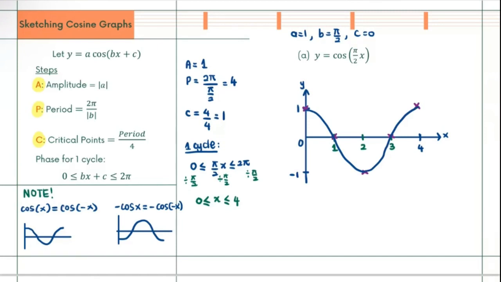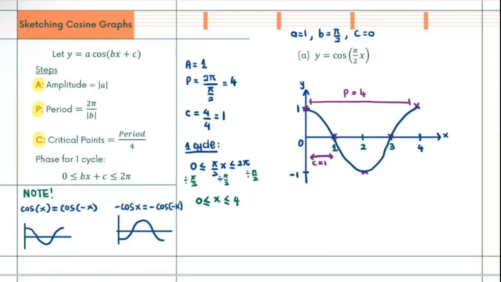Betul. So ini adalah untuk complete one cycle. One cycle kita, period kita adalah 4, 0 until 4. Okay, dan kamu akan nampak ini jaraknya adalah our C, C sama dengan 1.